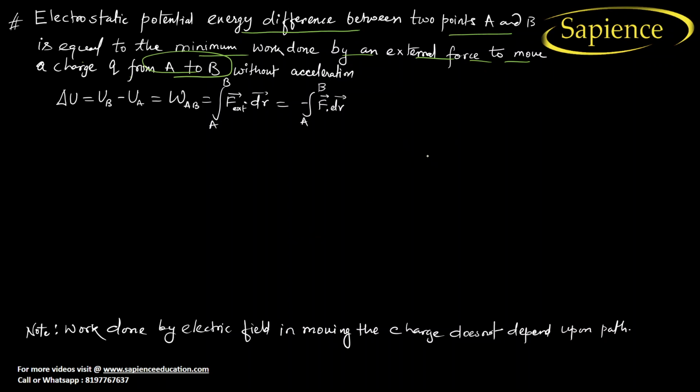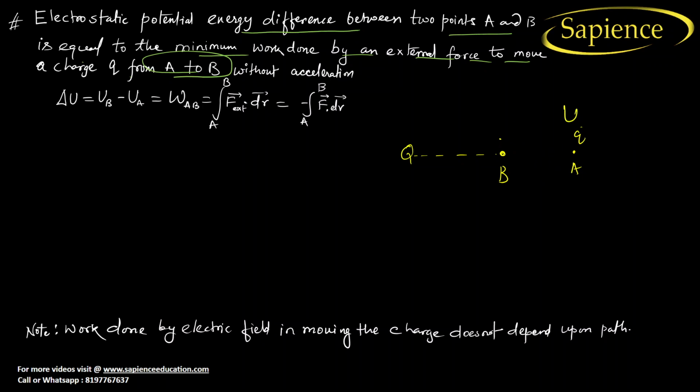If you consider the same scenario, let us suppose there is a charge Q, and at a point A there is another charge Q, and this is a point B. Now what will be the change in potential energy?